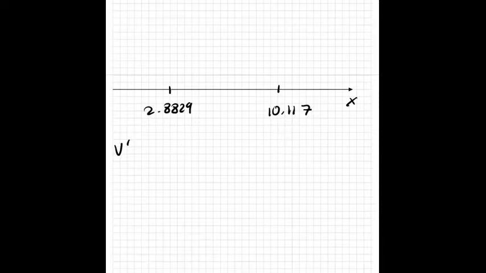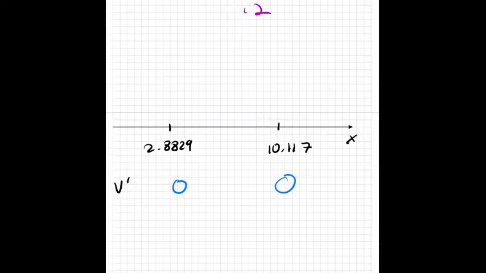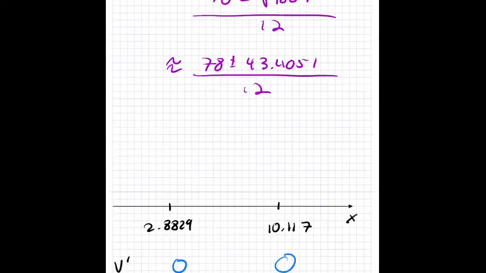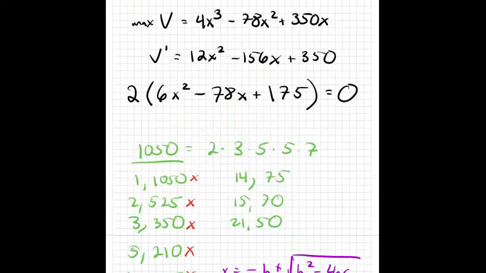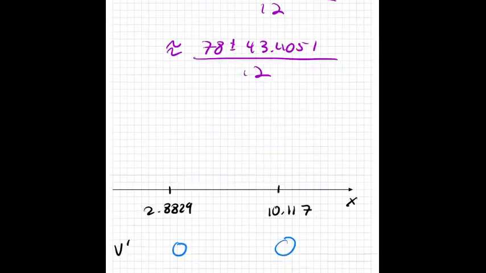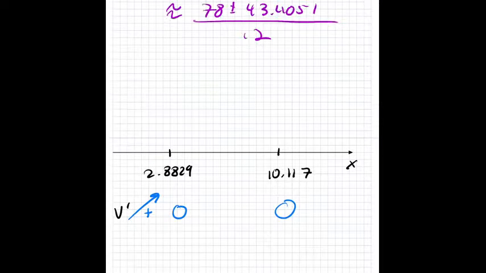If we choose a number less than 2, say we plug 0 into the derivative, we get a positive result. So the derivative is positive, so the original function to the left of this should be increasing. For a number between 2 and 10, let's do 5. Hopefully we get a negative.